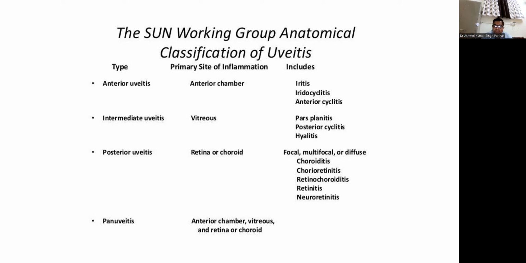It can be focal, chorioretinitis, retinochoroiditis, retinitis, neuroretinitis, focal, multifocal or diffuse choroiditis, and panuveitis when there is affection of all three parts, that is anterior, intermediate, and posterior uveitis, which were already mentioned in the first class. We will be discussing the appropriate investigation and the management according to that.